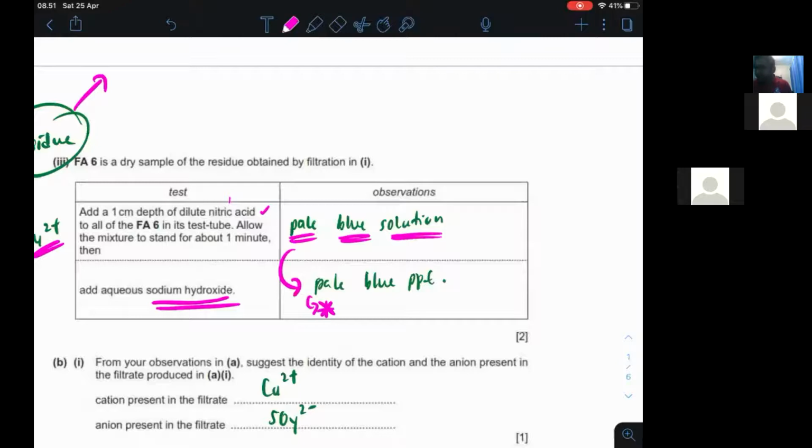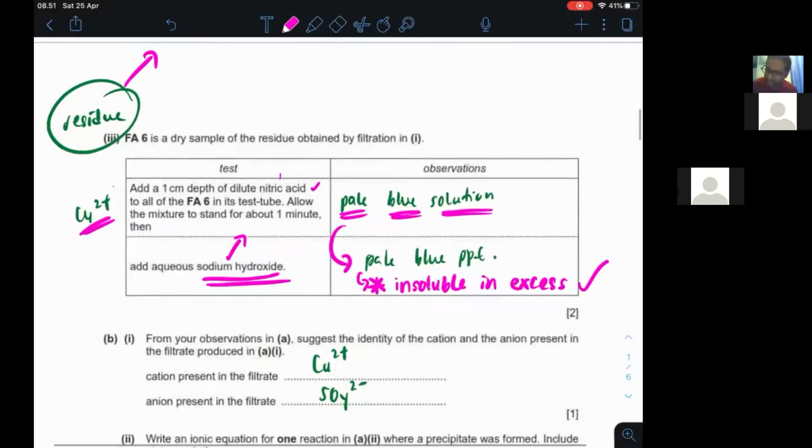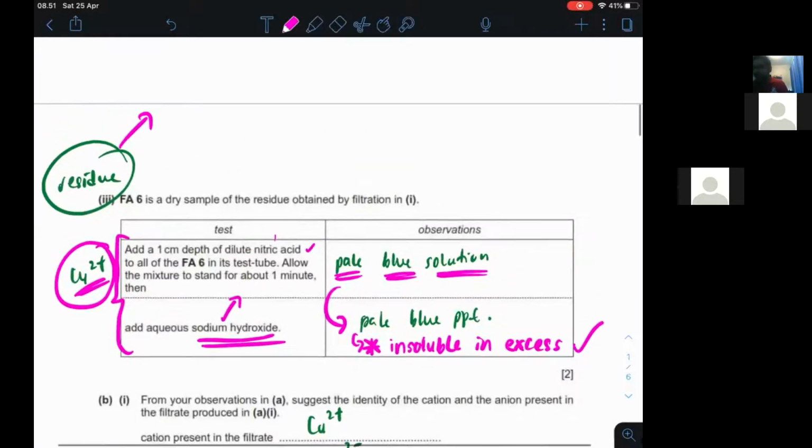Since it's insoluble, you need to test with excess sodium hydroxide. It is insoluble in excess, and I have this observation. So both these tests confirm that it's going to be copper 2 plus also in the residue.